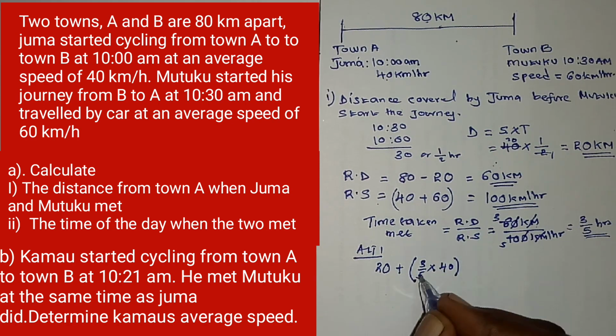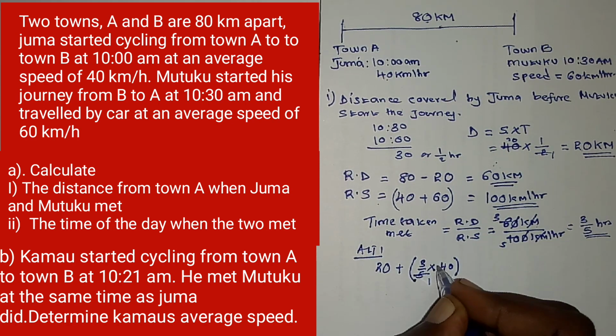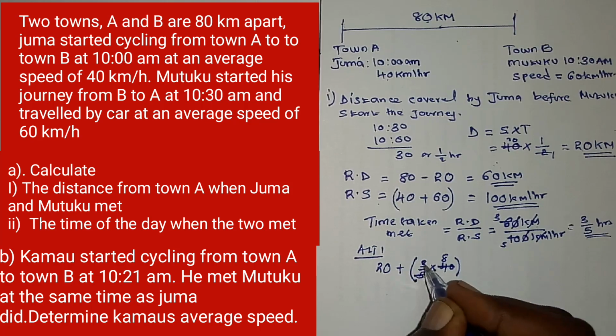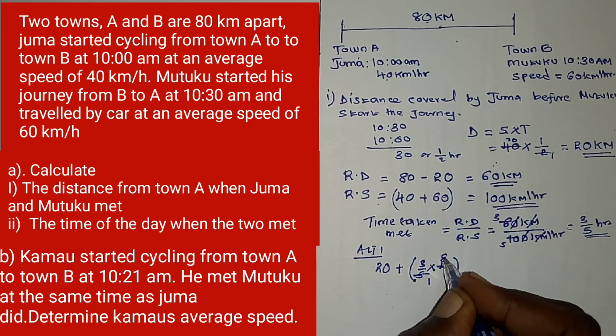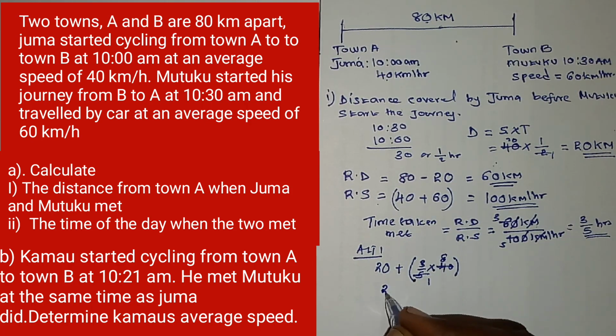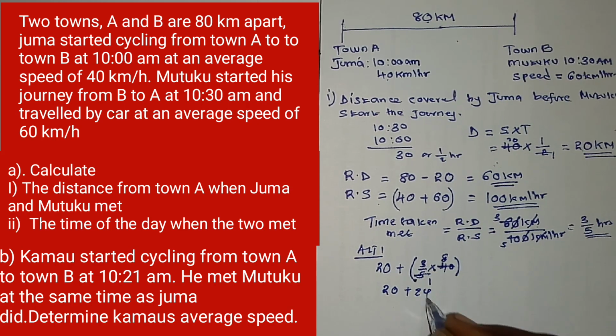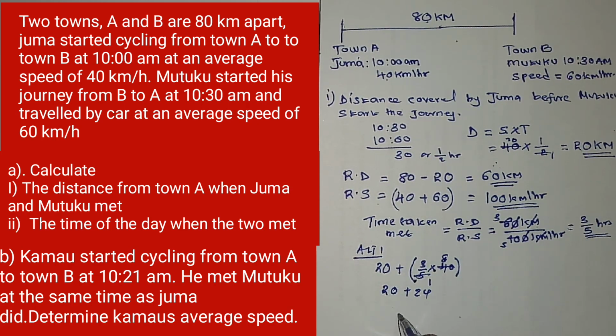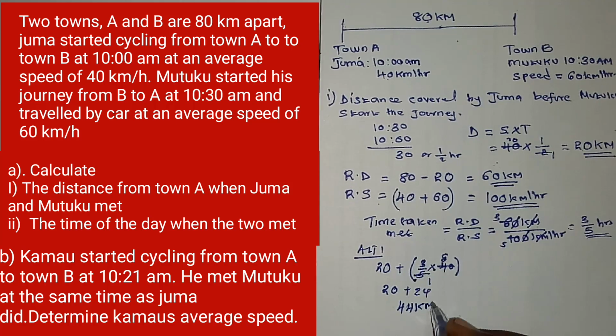That is 3 times 8, we get 24, and this is 20 plus 24. We get the distance from town A to the meeting point as 44 kilometers.